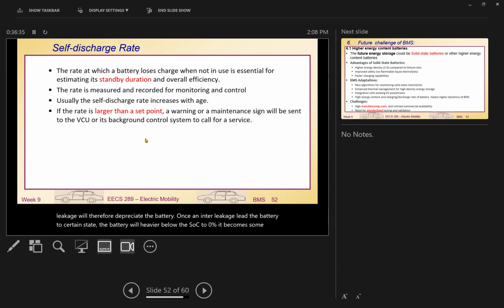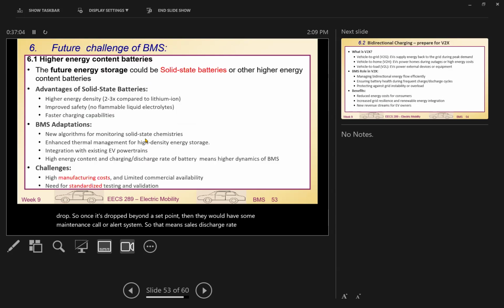You also need to monitor if the cell leakage is more than expected, and that parameter will be determined by the BMS to tell the user or the manufacturer what has happened. If the vehicle is parked for too long, maybe a few months without charging, the voltage may drop. Once it drops beyond a set point, there would be a maintenance call or alert system. So cell discharge rate is also monitored.